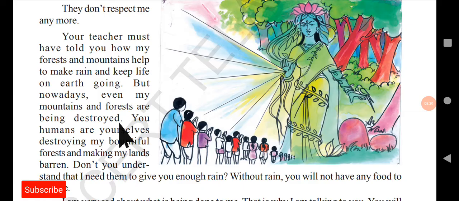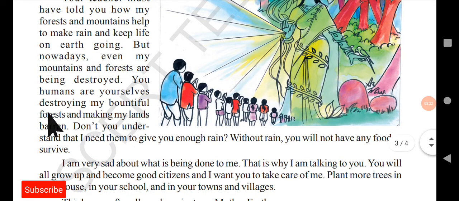You humans are yourselves destroying my bountiful forests and making my lands barren. Don't you understand that I need them to give you enough rain? Without rain you will not have any food to survive. So here Earth is telling that you humans are destroying all my bountiful, in the sense of plentiful, forests, and also making my lands barren.